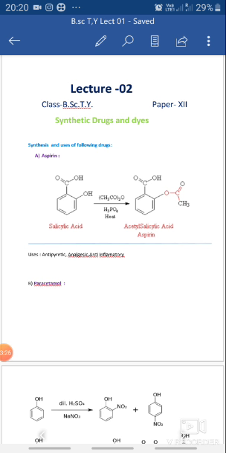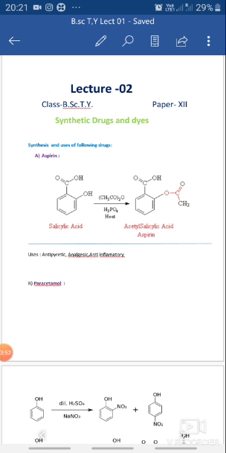Now this salicylic acid, when heated with acetic anhydride in presence of an acid such as phosphoric acid, then it gives you acetyl salicylic acid, that is aspirin.